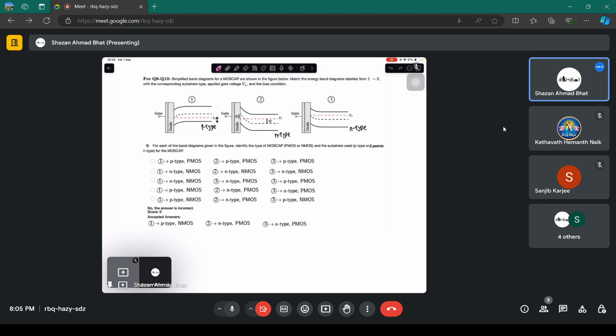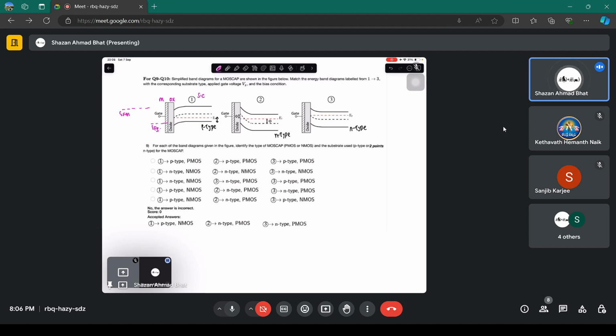So what is going to happen is that they have connected the metal, oxide, and semiconductor, and the bands are going to bend. How the bands are going to bend again depends upon the work function of the metal and the work function of the semiconductor, the Fermi level of the metal and the Fermi level of the semiconductor.